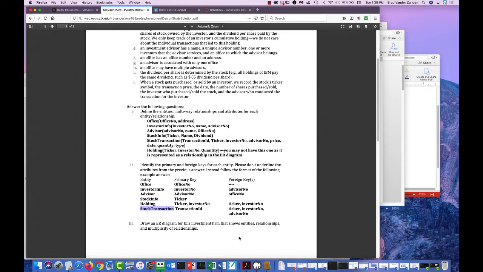Other questions? Okay, so next one we want to get is the relationship for an investor. So given an advisor and a single investor, the question is, how many transactions may the advisor have done with that investor?